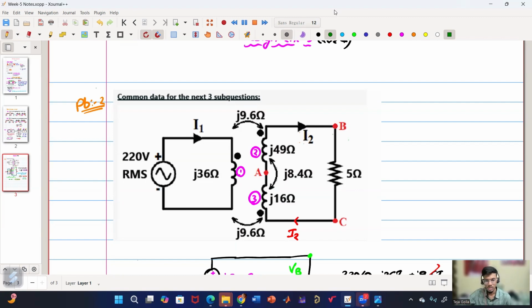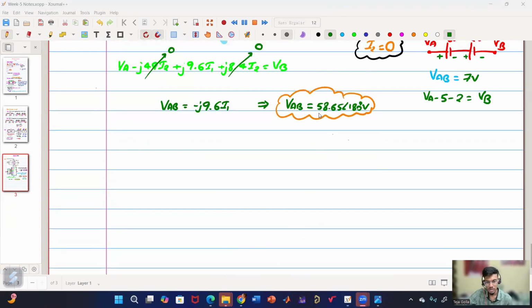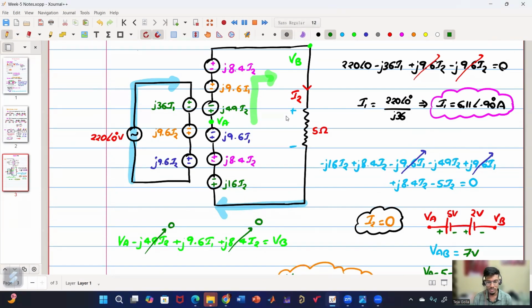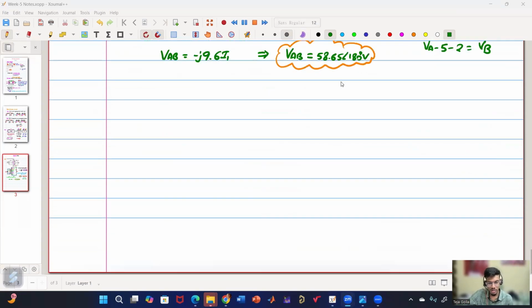Yes, sir. Clear, sir. Okay, so we'll go to another problem. Sir, how will 8.4 come? J 8.4 I2. Someone was asking something and the meeting got ended. Who was asking? Nandini or Shamita? Should we proceed to the next question or do you have any further queries?